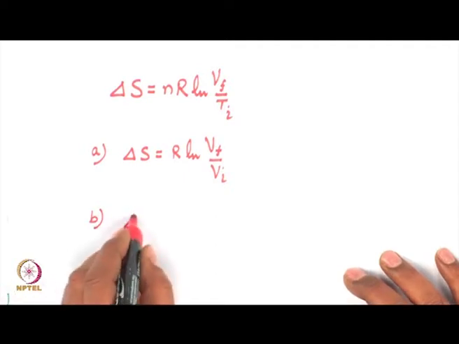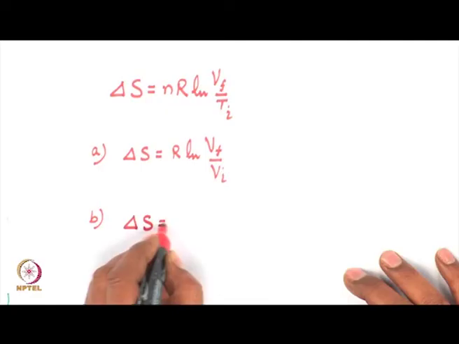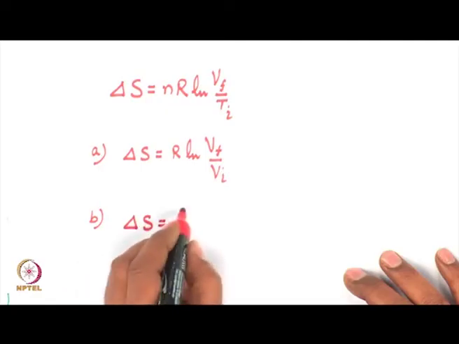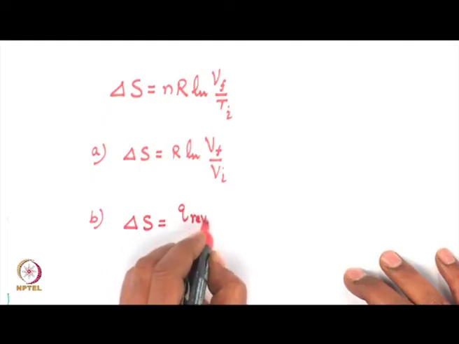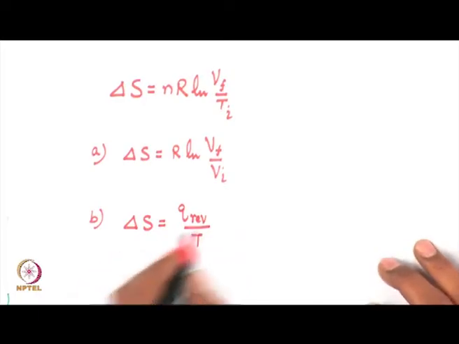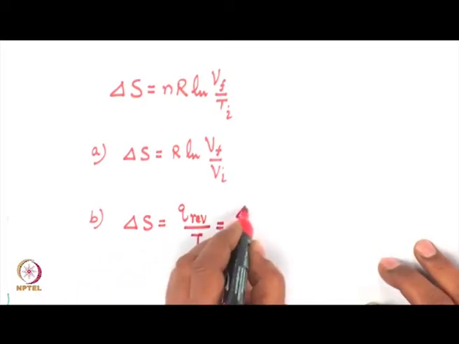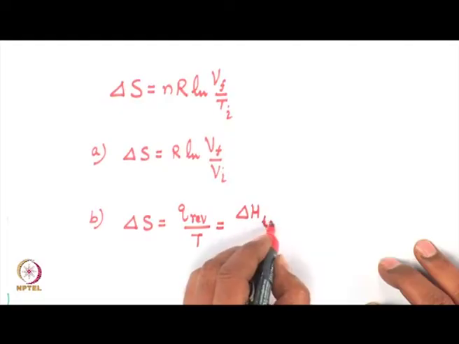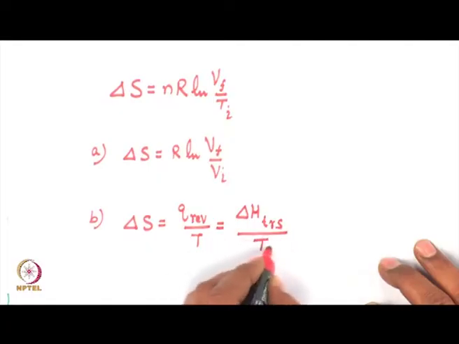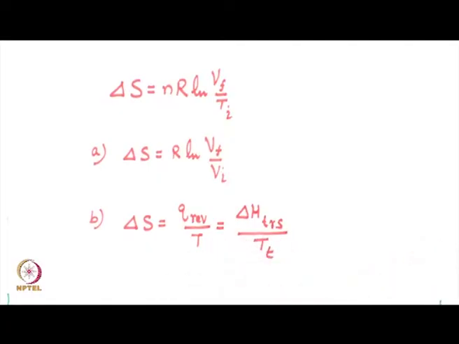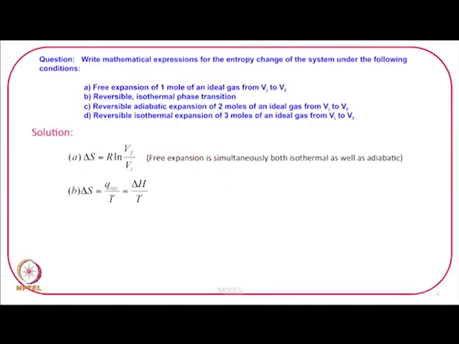Then in that case, simply delta S is equal to Q reversible by T, obviously at constant pressure. This is equal to delta H of transition divided by T transition, where delta H is the enthalpy change for the phase transition.